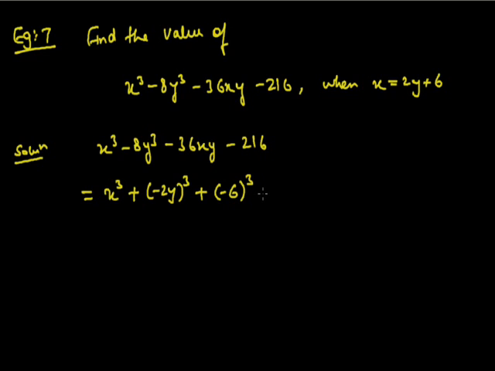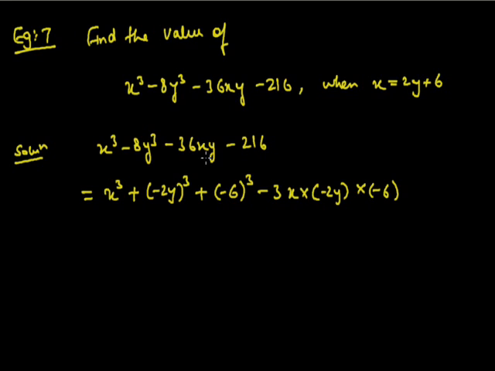And accordingly, if we visualize the same identity, that is a cube plus b cube plus c cube minus 3abc, in this case the minus 3abc will become minus 3 into a is our x, b is our minus 2y, and c is our minus 6. So if you multiply all these terms, we'll get minus 36xy. So this question is actually in the form of a cube plus b cube plus c cube minus 3abc, and we have to convert the question into that form.